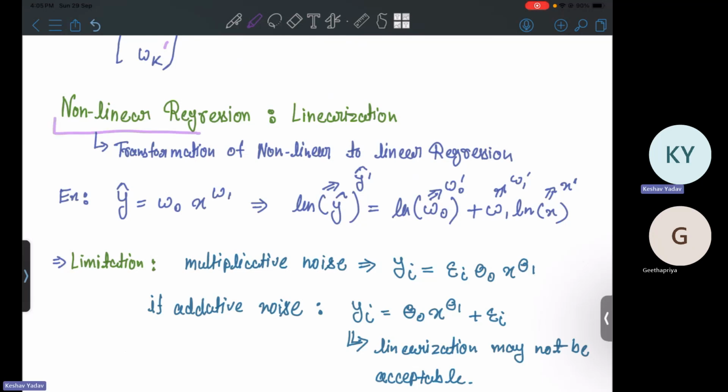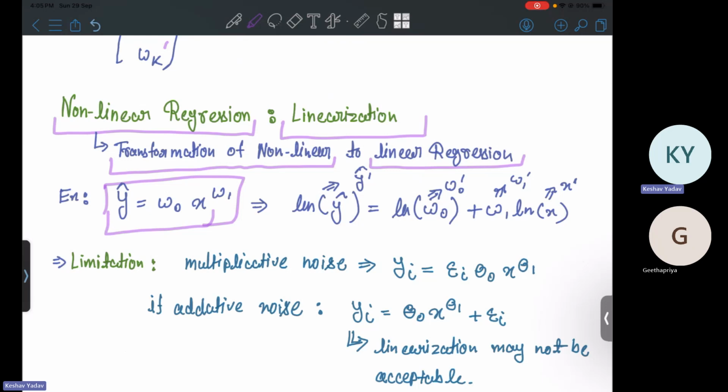Now we'll see non-linear regression, and how we can do the linearization in non-linear regression. Here we will transform the non-linear regression to a linear regression. We can use an example like this. This is a non-linear relation. But if we take ln on both sides, it will be ln of y hat equal to ln of w0 plus w1 ln of x.